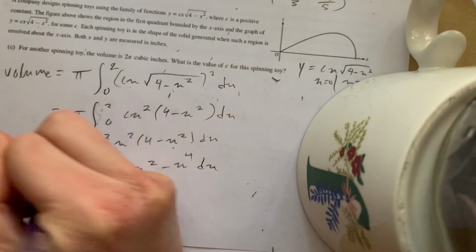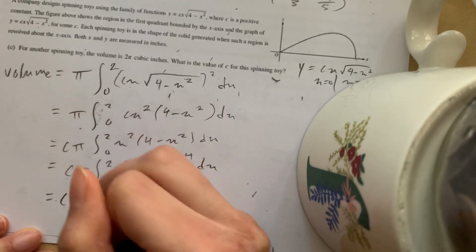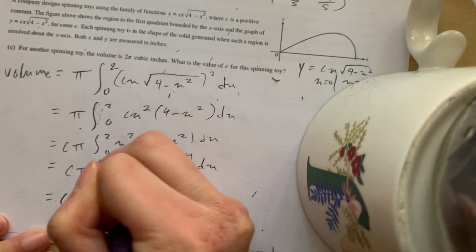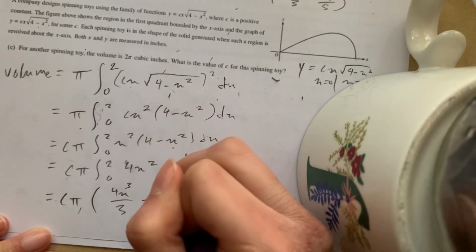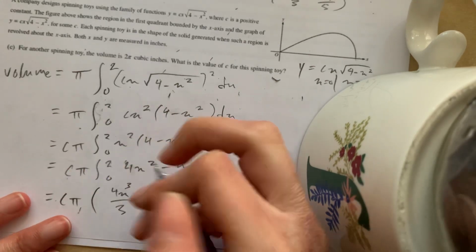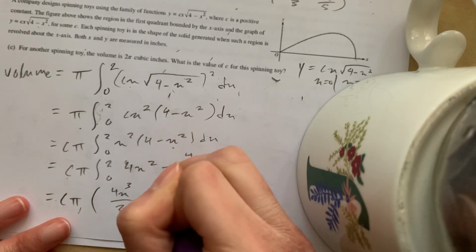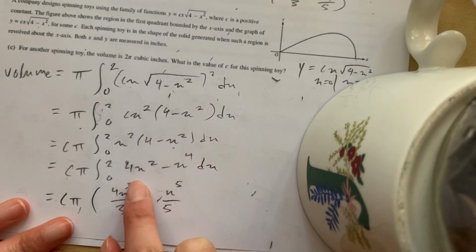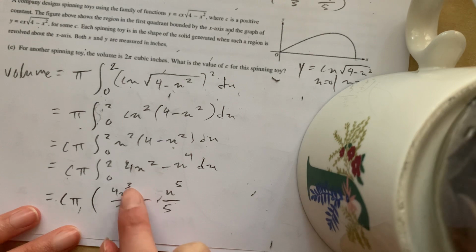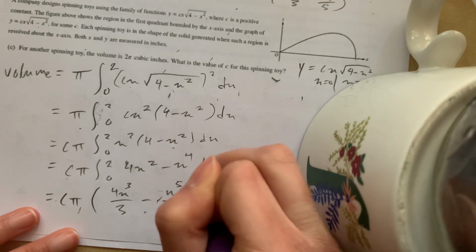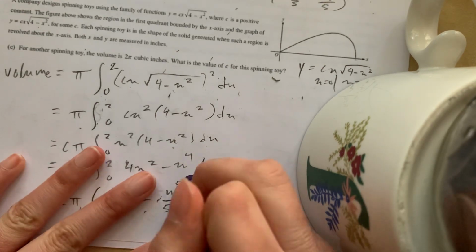So now I'm gonna integrate it. We're gonna use the power rule: add 1 to the exponent, and with that new exponent put it in the denominator.